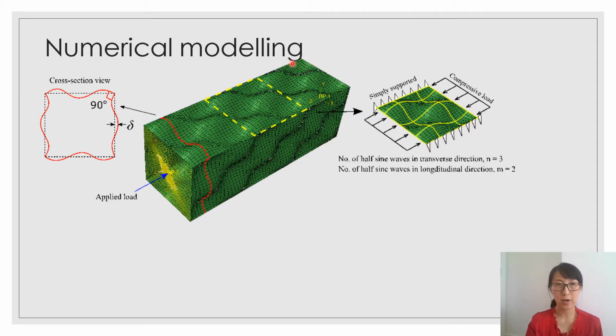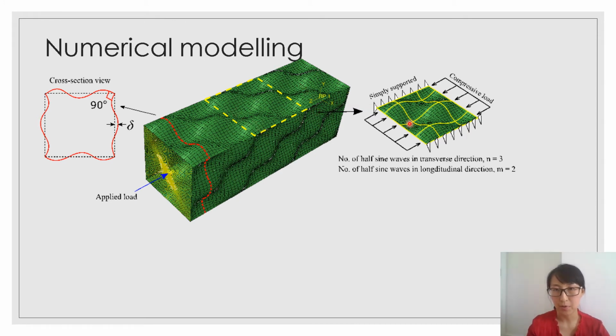This is the numerical model that we used to validate our idea, to see whether the plate will buckle in the way that we defined. We used square hollow sections as they can model the simply supported condition, establish symmetry, and can be tested in reality. In each square area, which is repeated in the stub column, we use different wave combinations.